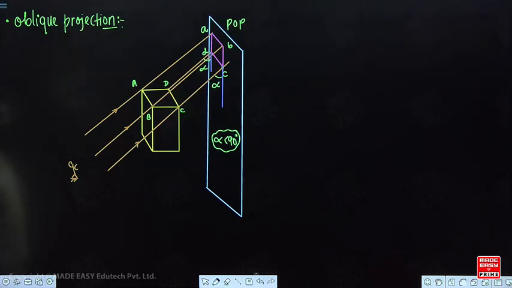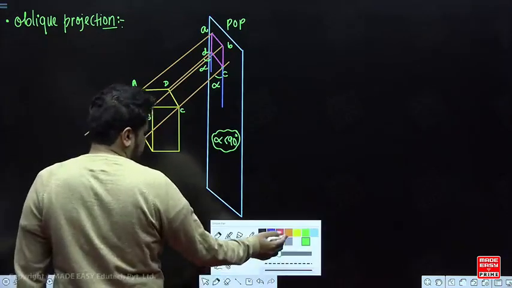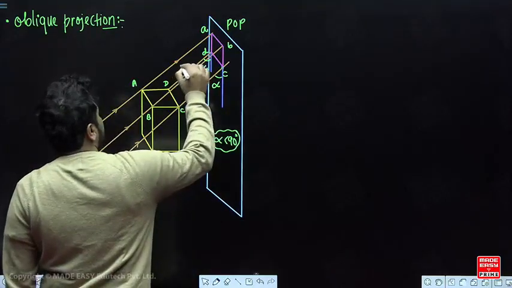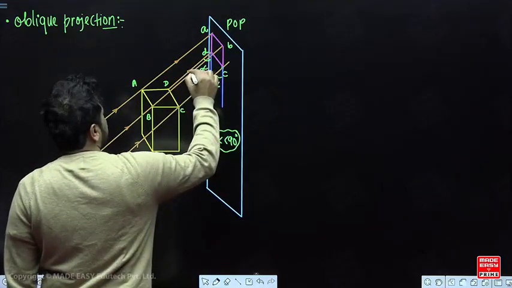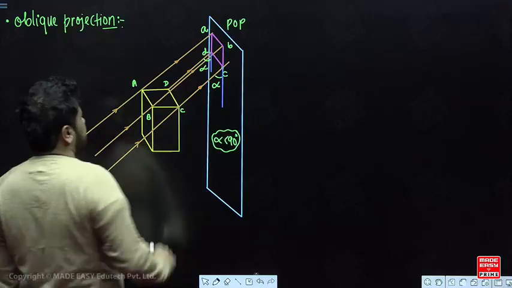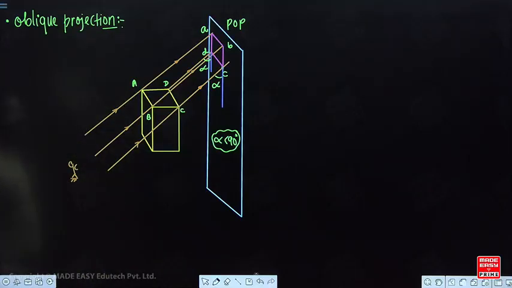In oblique projection, the projectors are parallel to each other, but the angle they make with POP is less than 90 degrees. Such a type of projection is called oblique projection, correct. So you can see the face ABCD, when I am projecting it, A, B, C and D. So draw till here.